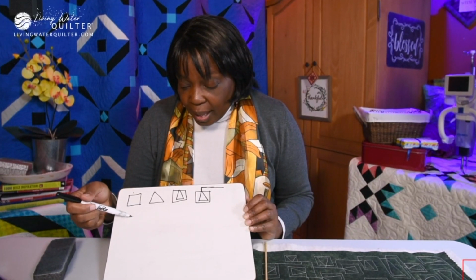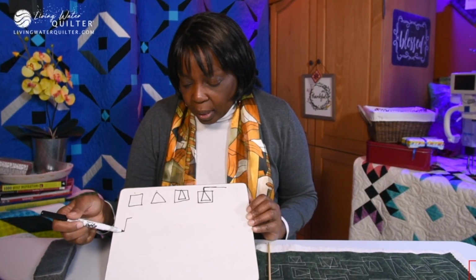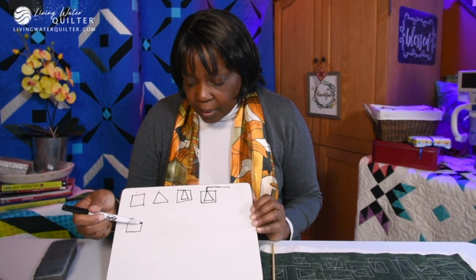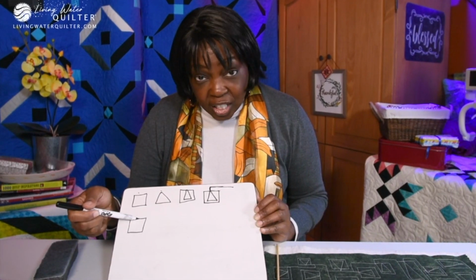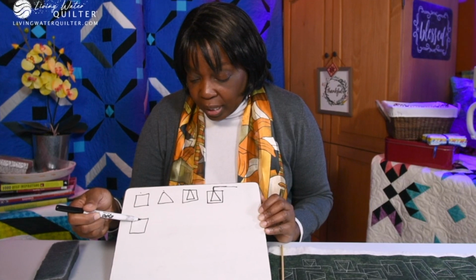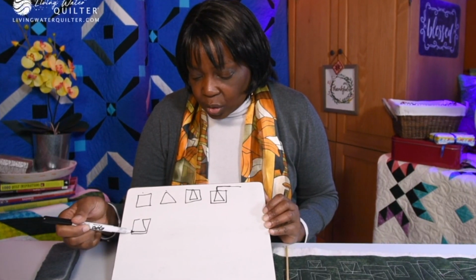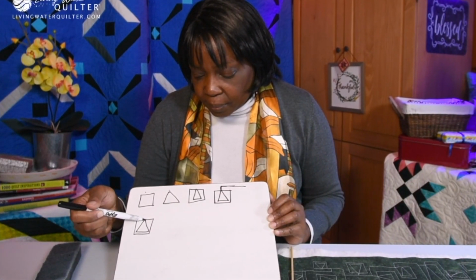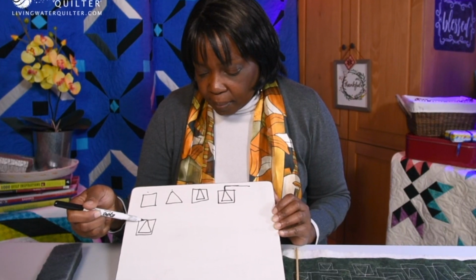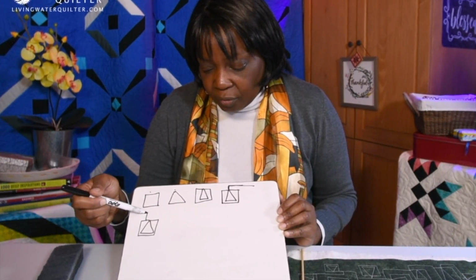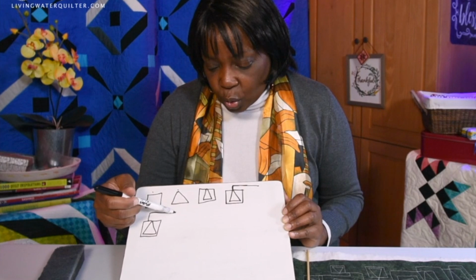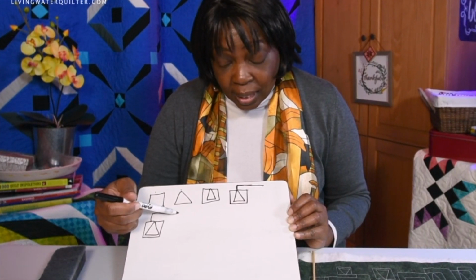And we do that by starting the square. And before we finish closing the square, we make our triangle in the square. And we can come off anywhere we want on the square to make the next one.